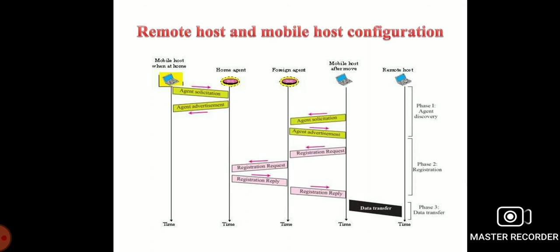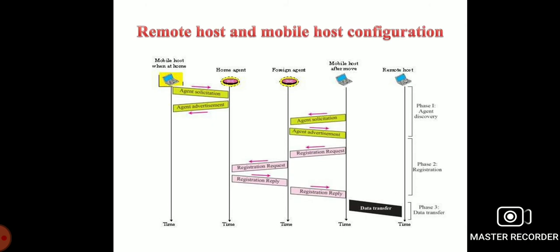First of all, there are two mobile hosts: the mobile host at home and the mobile host after the move. The mobile node first sends a request message to the foreign agent, that is, agent solicitation and agent advertisement, and then the registration request goes to the home agent, and the registration reply is sent to the foreign agent.